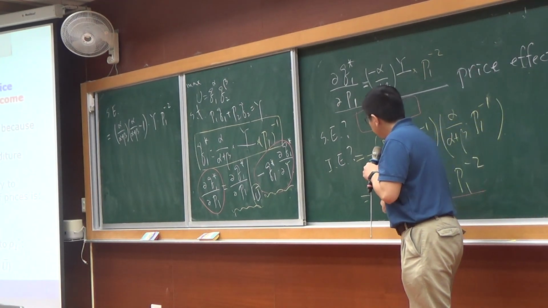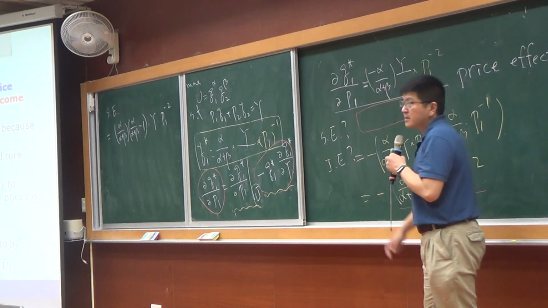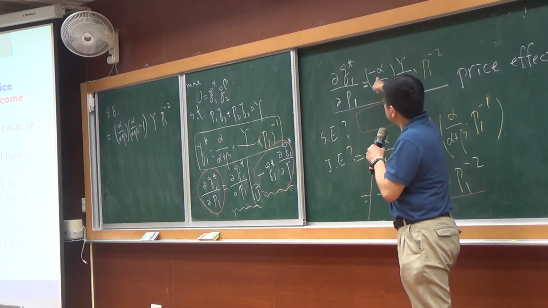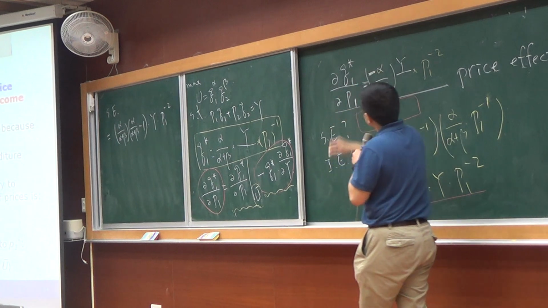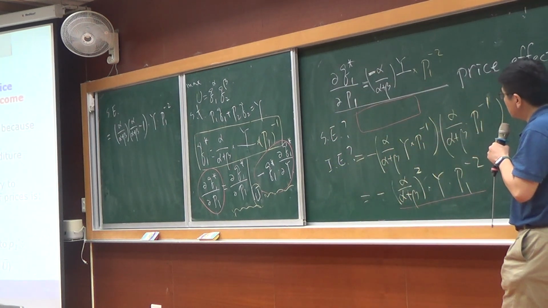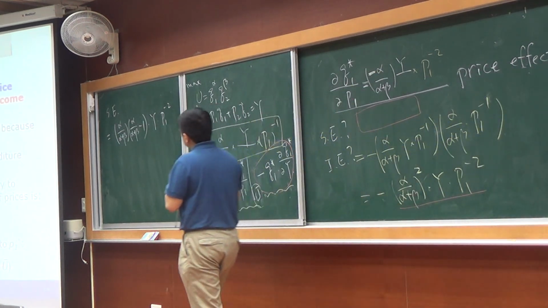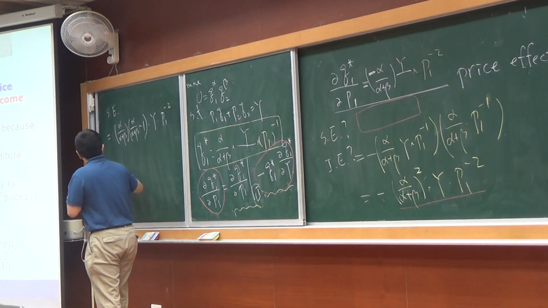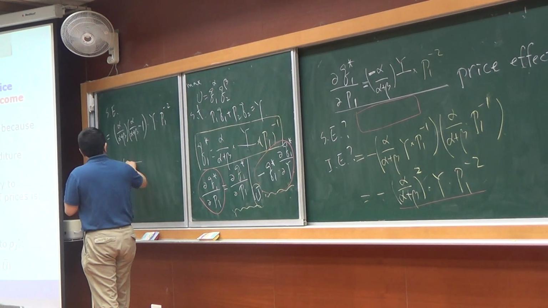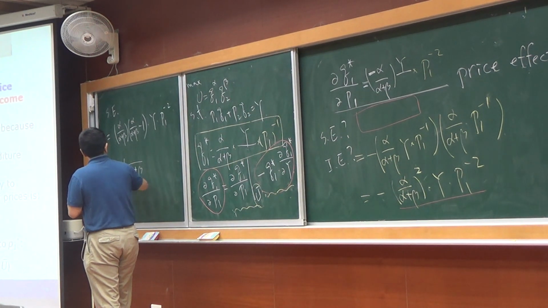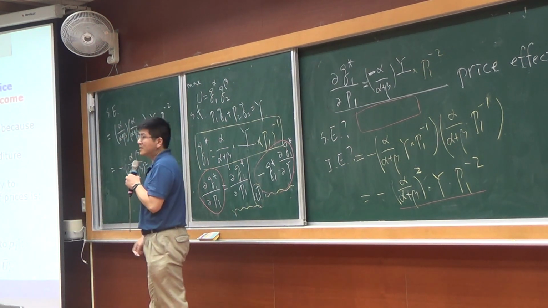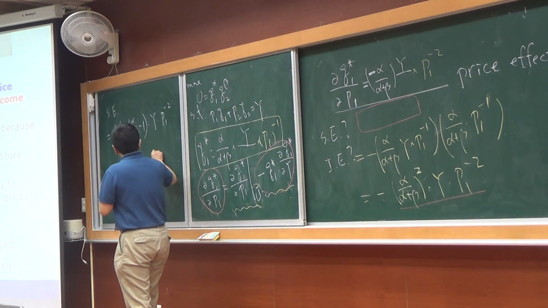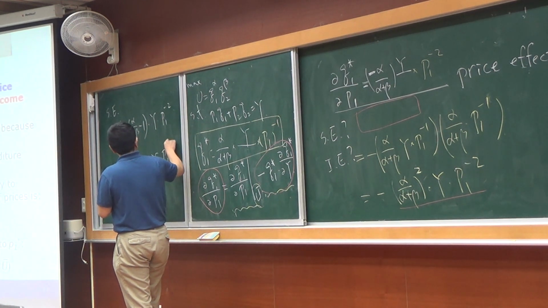And after the movement, the negative will be positive, but here we still have a negative sign. So it will be negative alpha over alpha plus beta, squared, alpha beta, Y P1.